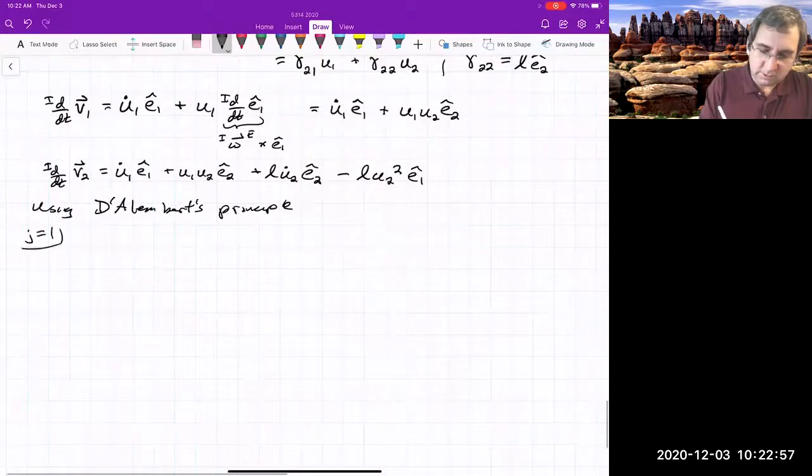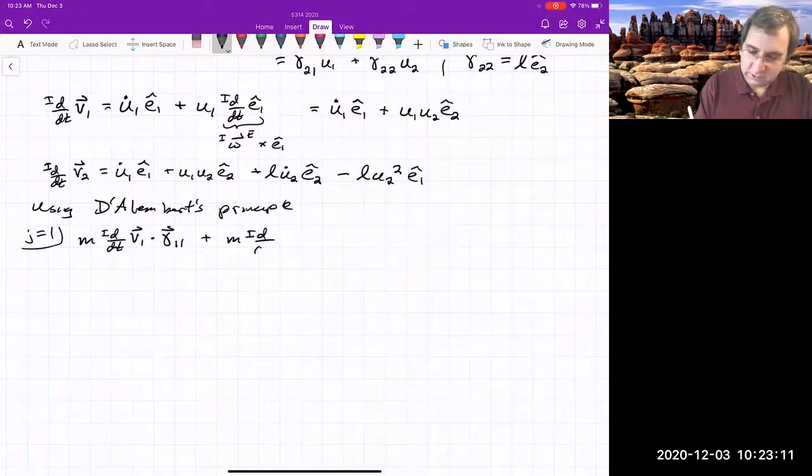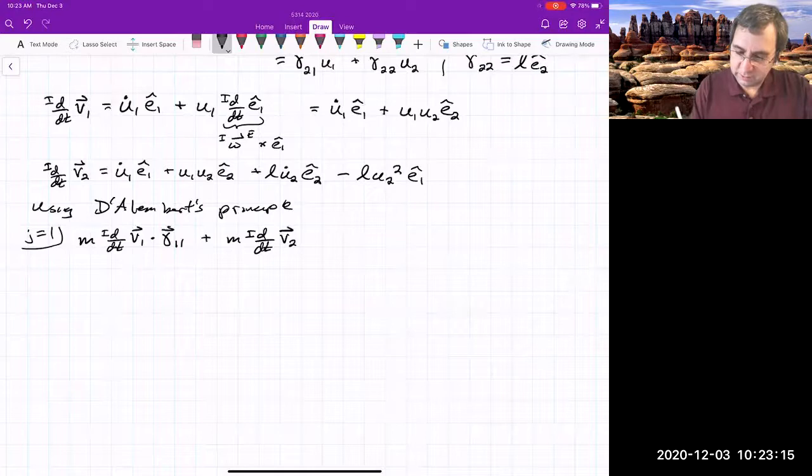start with j equals 1. We've got the mass times the inertial derivative of V1 dotted with gamma 1, 1 plus m times the inertial derivative of the inertial velocity of particle 2 dotted with gamma 2, 1.